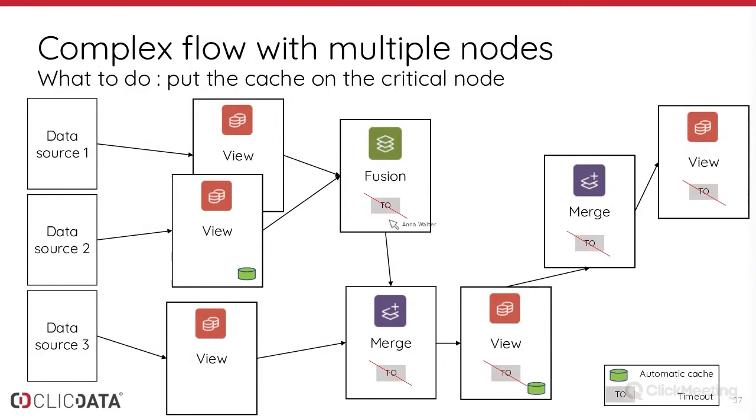But because the fusion here was also timing out, we figured that actually it was this view here, which was doing some complicated calculations that was actually in need of caching so that the calculations would be preloaded and pre-written. And that actually resolved the timeout on the fusion, which in turn resolved the timeout on the merge. This view, though, would still time out as well.